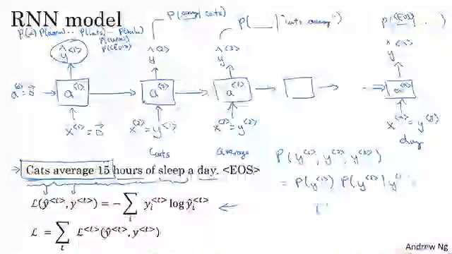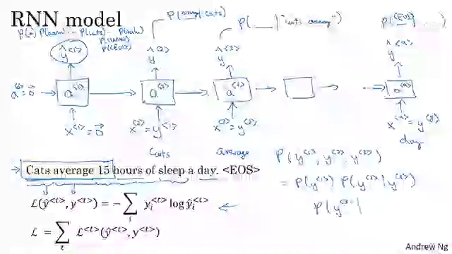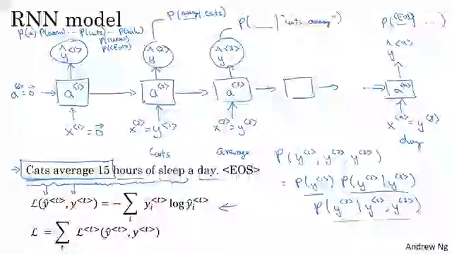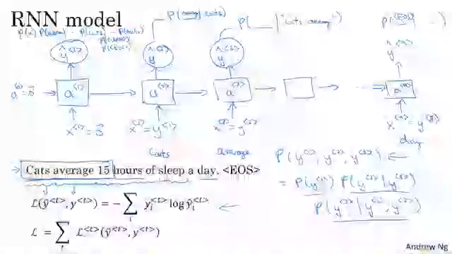And then the third one tells you what's the chance of y3 given y1 and y2. And so it's by multiplying out these 3 probabilities, and you see much more of the details of this in the programming exercise, that you end up with the probability of this 3-word sentence. So that's the basic structure of how you can train a language model using an RNN.